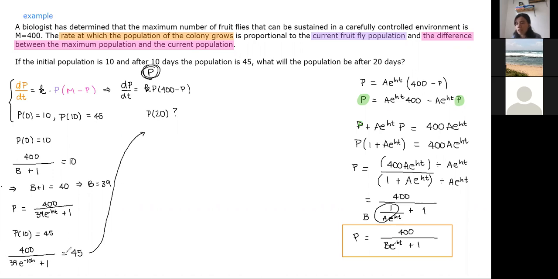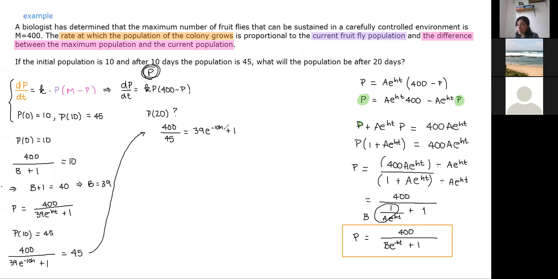From here, I multiply both sides by 39 e to the minus 10 h plus 1, and I divide both sides by 45, which tells me that 400 over 45 is equal to 39 e to the minus 10h plus 1.